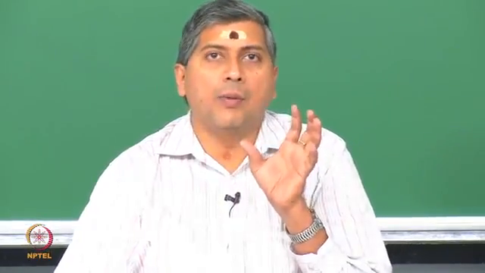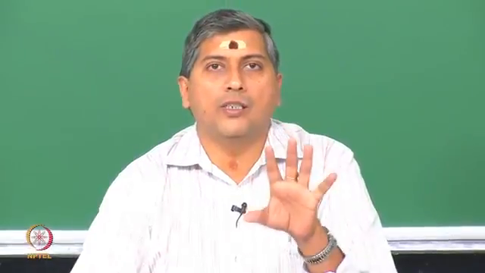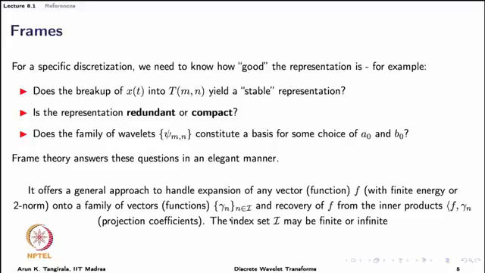Those irregular samples of a signal, you can think of as the projection of the continuous time signal onto some functions. Therefore, frame theory essentially addresses this problem of expanding any vector or a function which has finite energy or 2 norm onto another family of vectors.